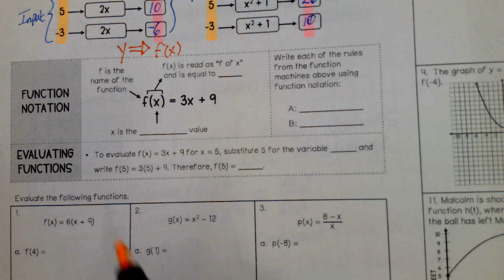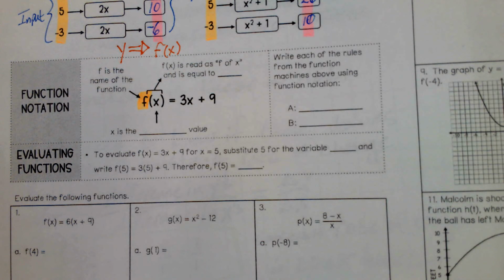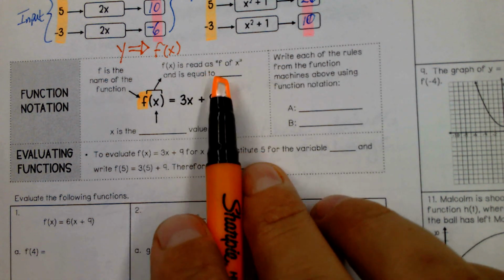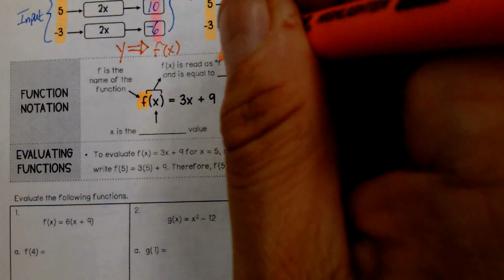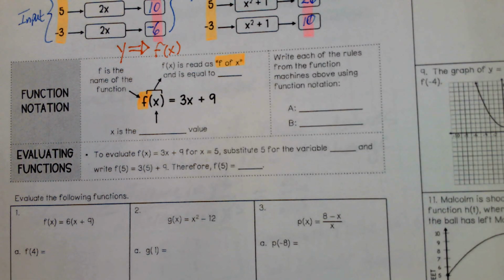Okay, so the name is whatever letter is in front, usually f, but again, g, h, k for some reason gets used a lot. So we would say this is read as f of x or function of x.